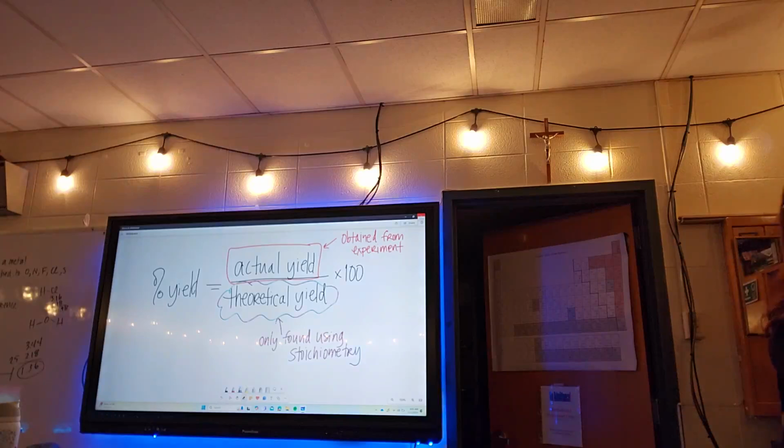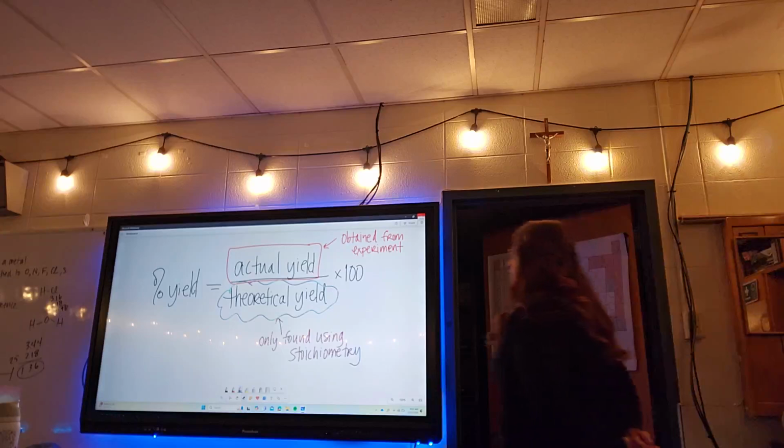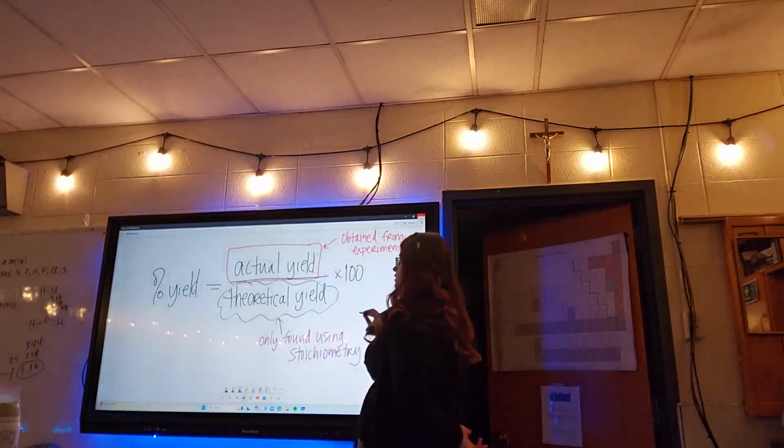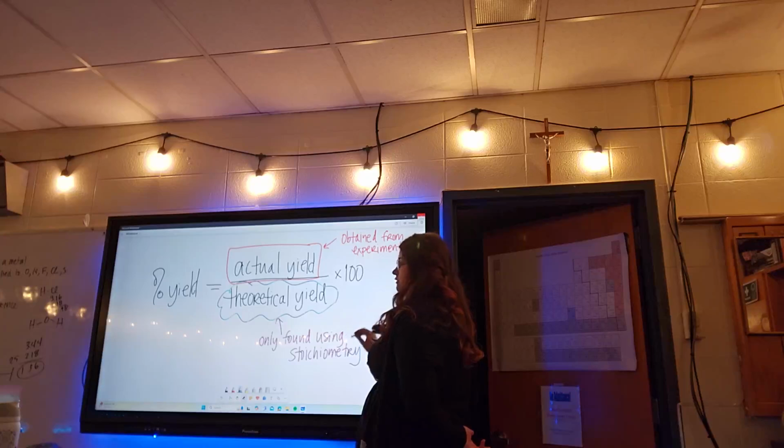Just know that you're going to have to decipher in your word problem which is which. So you're going to have to look for language that says, this is the theoretical yield. This is the theoretical value. This is the maximum amount that can be obtained.